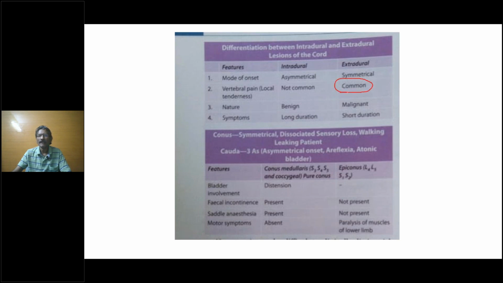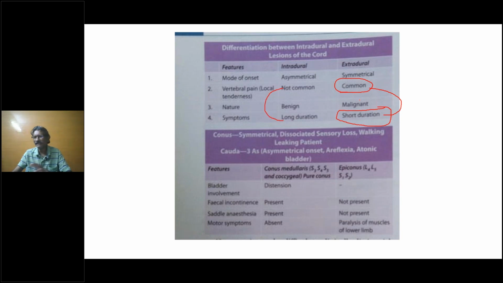Symptoms are of a shorter duration because it produces dramatic symptoms. Because it produces vertebral pain, it is of short duration. So try to understand that correlation. Here, vertebral pain is not common. Therefore, symptoms take a long duration.